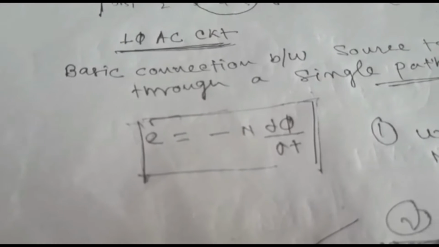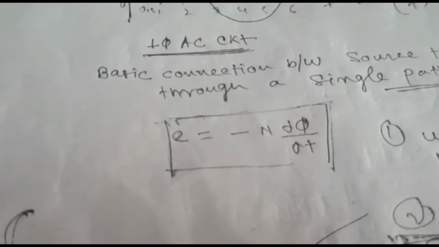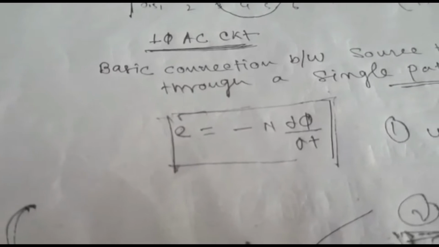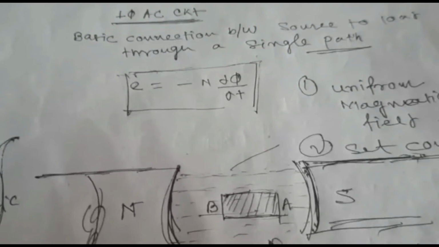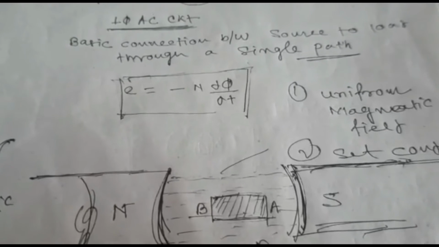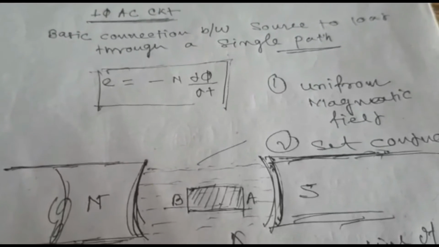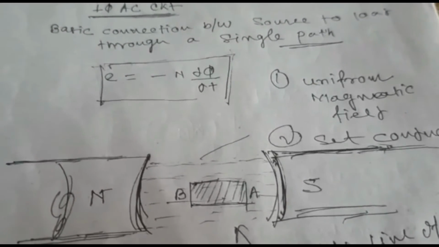If we produce a relative motion between a uniform magnetic field and a set of conductors, then EMF is produced. I say again, if we produce relative motion between a uniform magnetic field and a set of conductors, then EMF is produced.